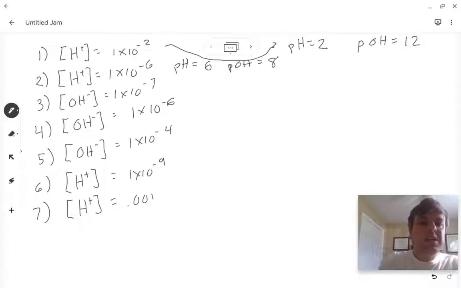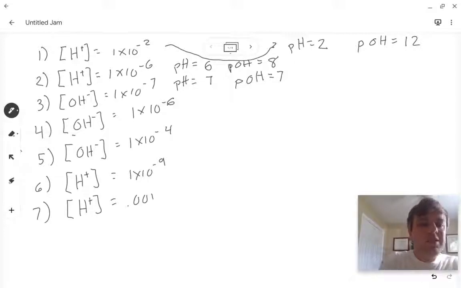For number 3, in this case, we're given a hydroxide concentration. So when we take the negative log of this, we're finding the pOH. And the negative log of 1 times 10 to the negative 7th is just 7. And so the pH is also 7 because 7 plus 7 is 14.